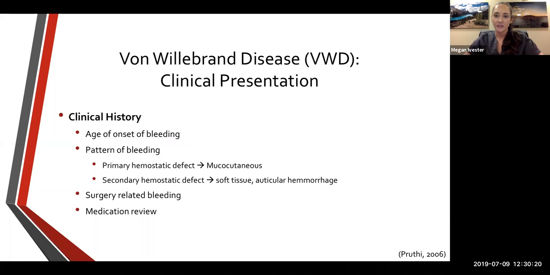So for clinical presentation, the first part is going to be the clinical history, and this is a huge part just to gather information to arrive at your diagnosis of von Willebrand. Age of onset of bleeding is important because it helps differentiate between congenital and acquired bleeding. For your pattern of bleeding, you're going to be looking at either mucocutaneous, which is your primary hemostatic defect, or soft tissue and articular hemorrhage, which is secondary hemostatic defect.